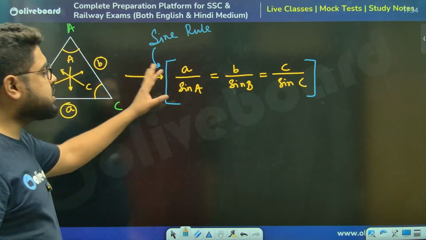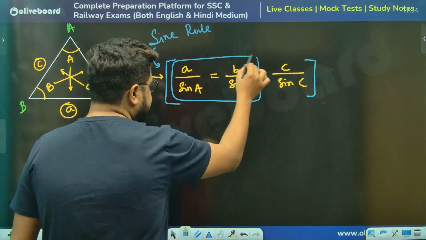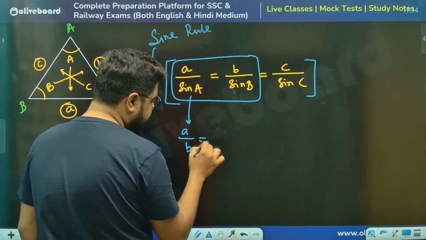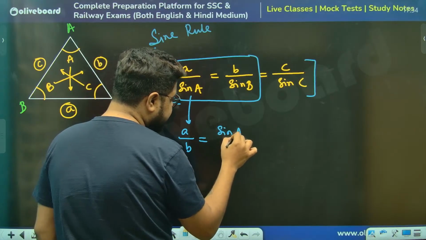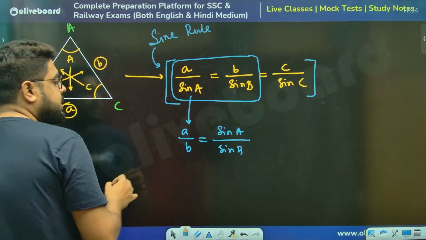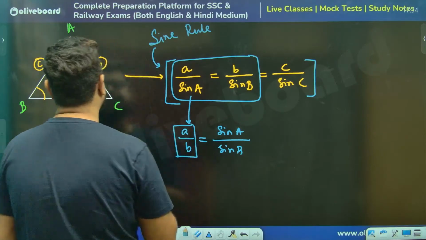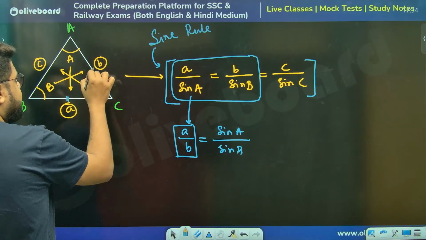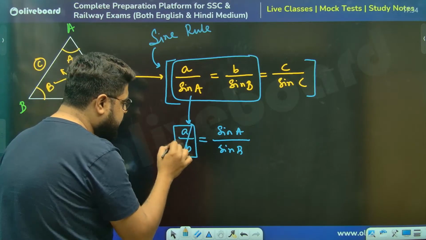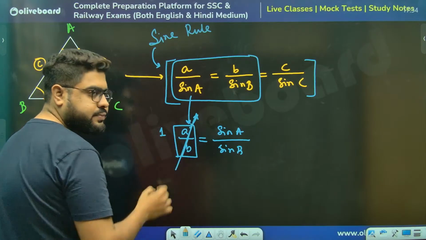Now what conclusions can we draw? Let's say, for example, I'm taking only these two, a and b. From here, can I write a by b is equal to sine A by sine B? Try to understand this. Now if both sides a and b are equal, this ratio will turn out to be 1.